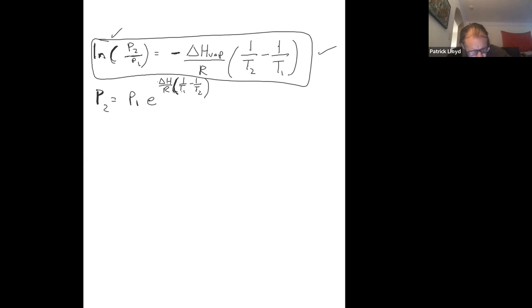The goal here is we're going to want to use data. So let me write that down. We're going to use pressure and temperature data. That's what we're measuring to calculate delta H vaporization.